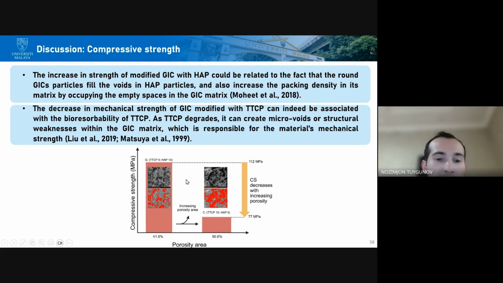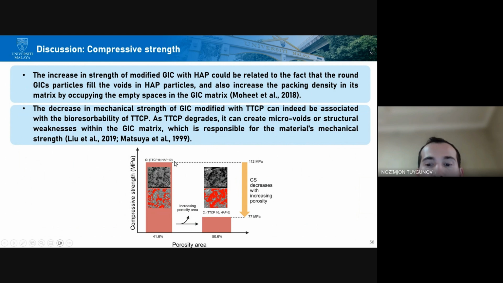Here we can see how the porosity can be connected with the compressive strength analysis. As you can see, when the porosity is 41%, the compressive strength was 112 MPa in group G. However, when porosity increased up to 50%, the compressive strength decreased significantly to 77 MPa, which is group C, consisting of 10% of TTCP.